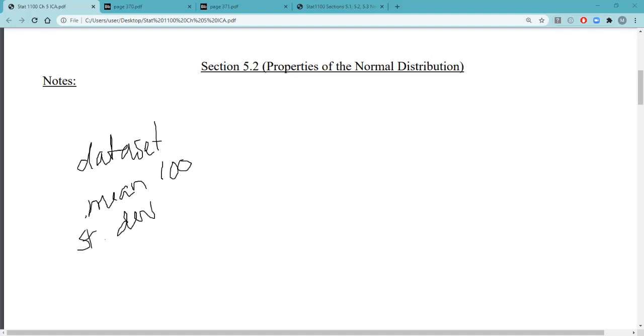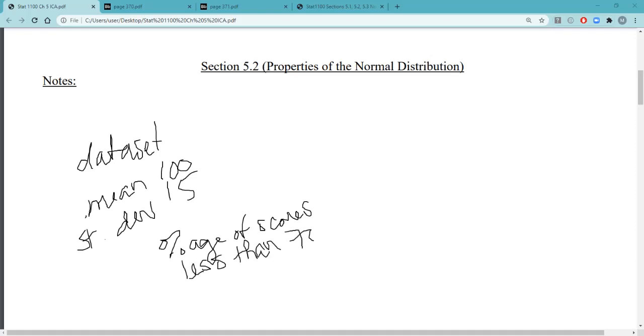So we're going to go back to this information. I want to find the percentage of scores less than 70.